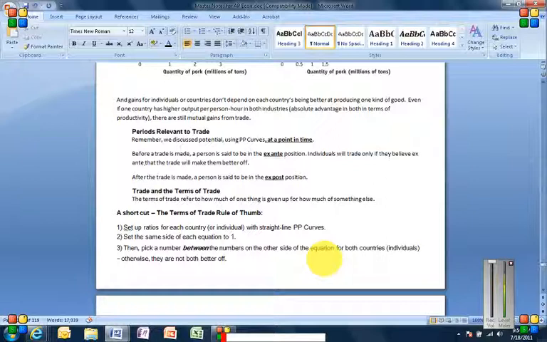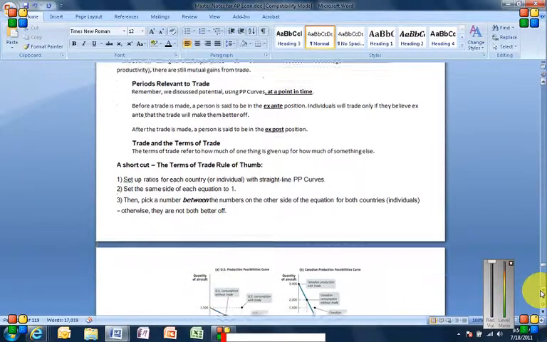If it's not, it's outside the range of numbers on the other side of the equation for both of them, then one country will be better off and the other one won't. The best way to help you understand this is to just show you how to do it.